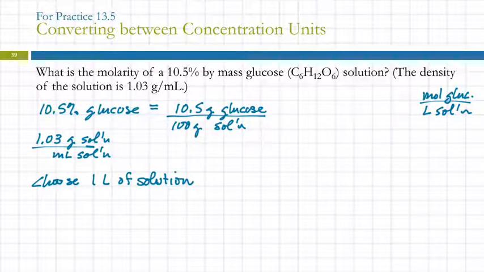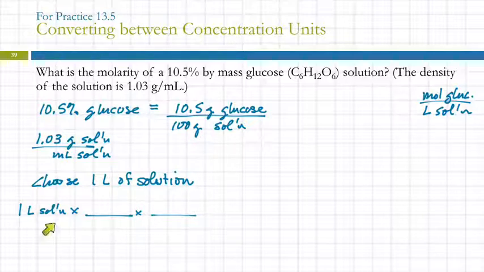So if I do that, what's in my denominator? 1 liter of solution. So what do I need to calculate then? I need to calculate the moles of glucose in 1 liter of solution. So 1 liter of solution, and I'm trying to get to moles of glucose.